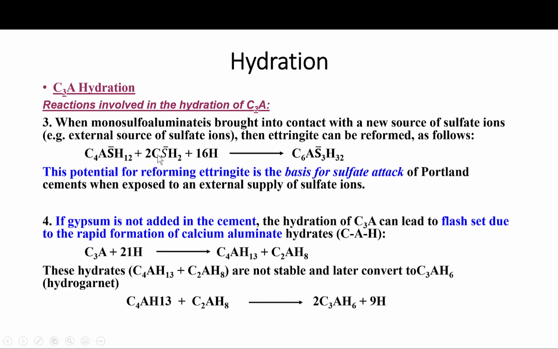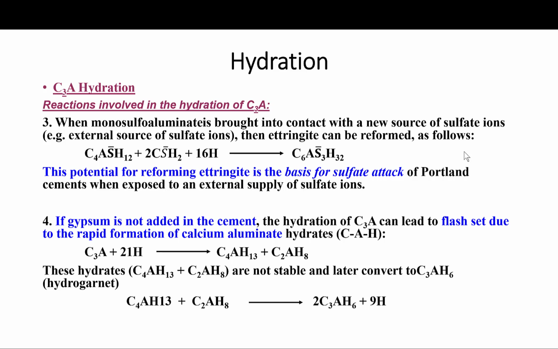So again, monosulfoaluminate with a sulfate source and water, we get ettringite. The potential for reforming ettringite really is the basis for sulfate attack of Portland cements when exposed to an external supply of sulfate. So remember that and be aware of that.